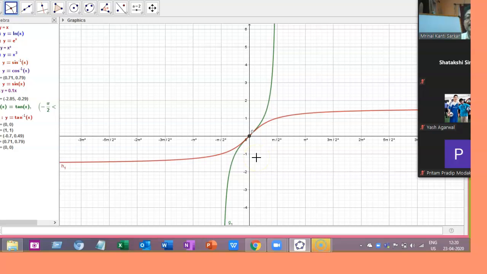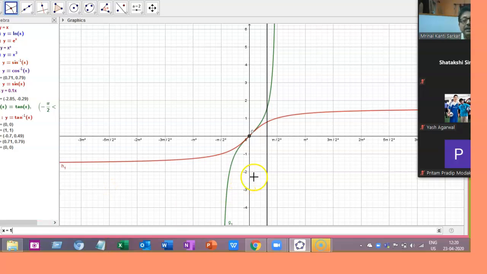But my aim is to get x equal to 1. For x equal to 1, which one is larger? So what I have planned for you is to plot the line x equal to 1. Let me type x equal to 1 in the input bar.